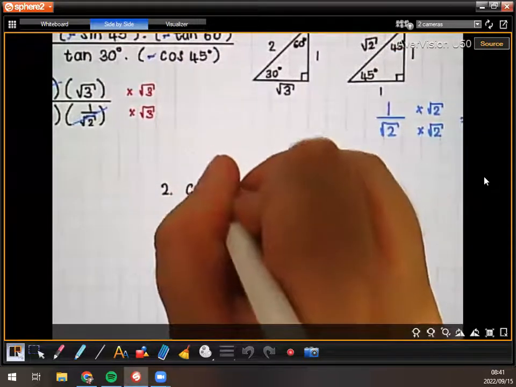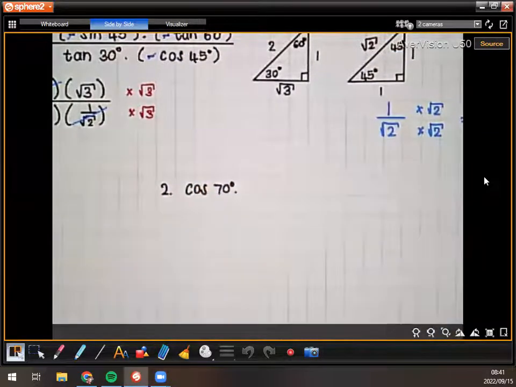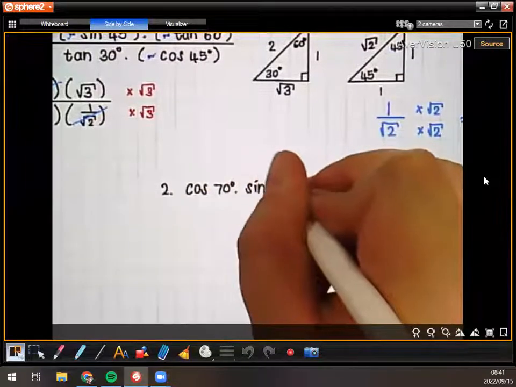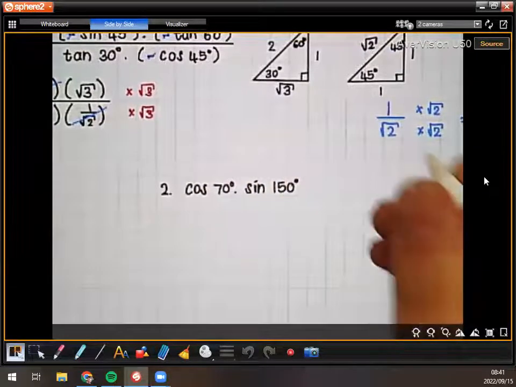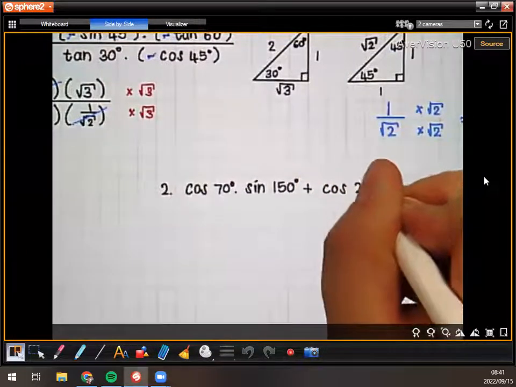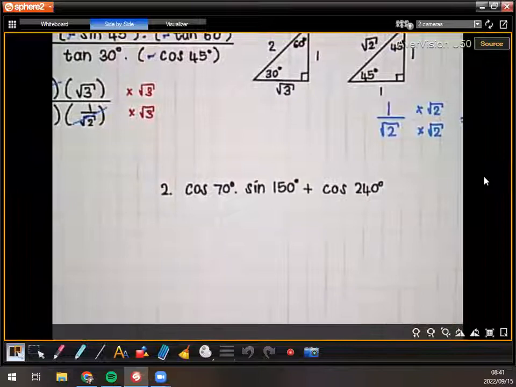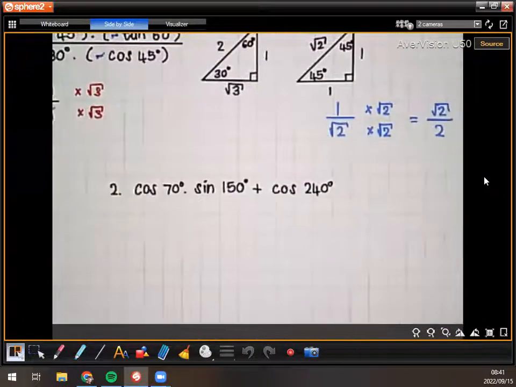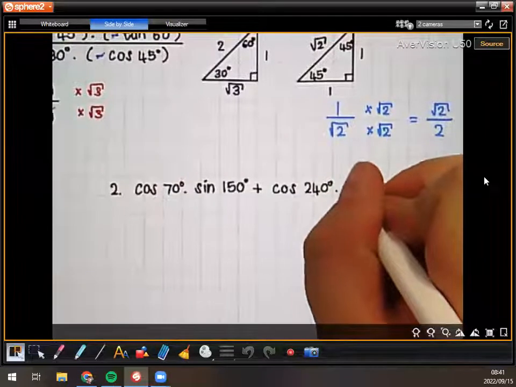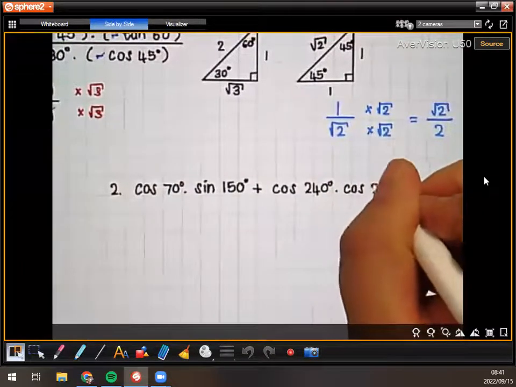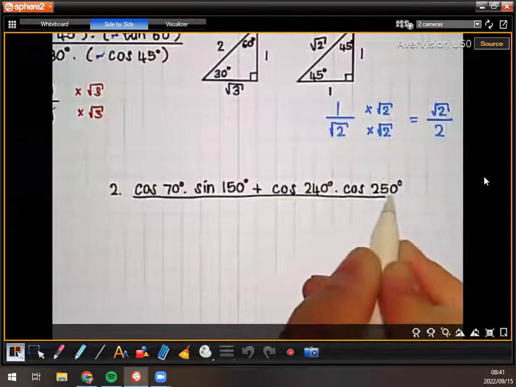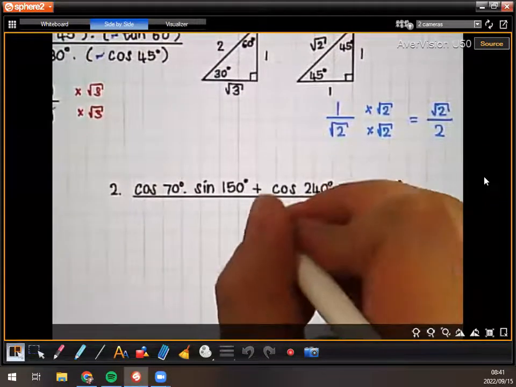Cos of 17 minus sine of 150 plus cos, sorry, again, this is a fraction, guys, sorry, I should have said, plus cos of 214 times cos of 250. And that is all over 520.